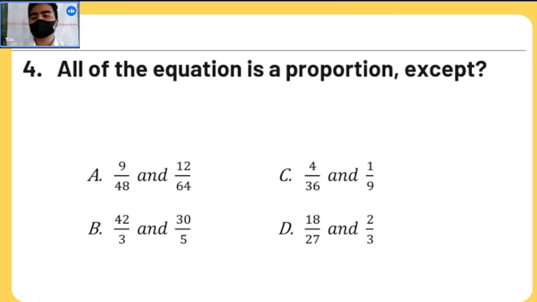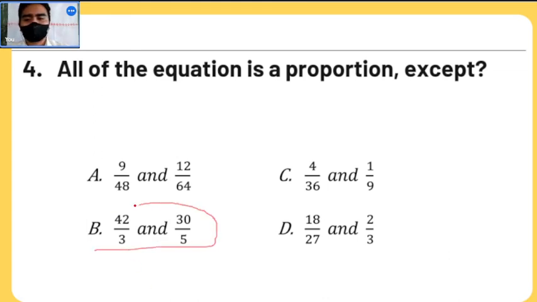What's the correct answer? Alright, so the correct answer is B.